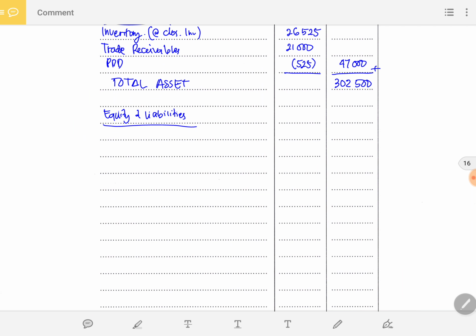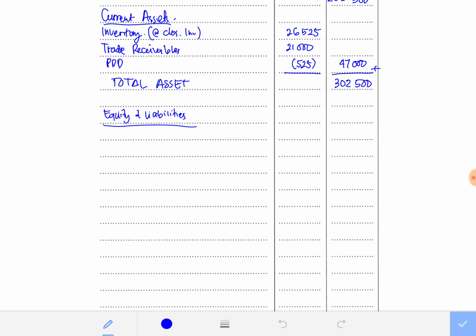It is shown like this: ordinary share capital, and then general reserve, and then retained earnings.